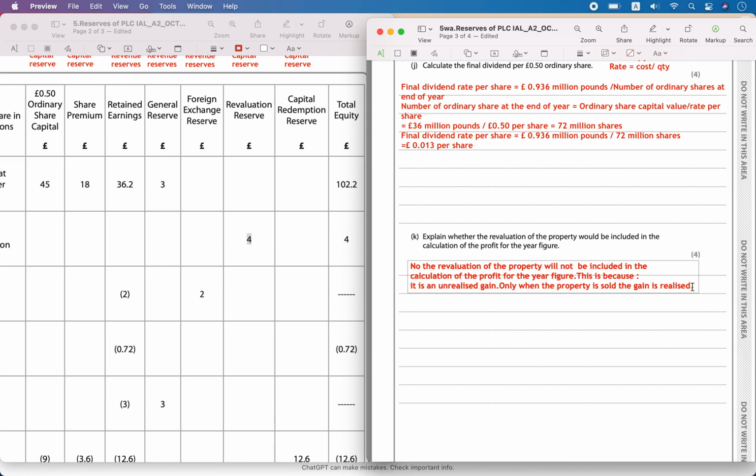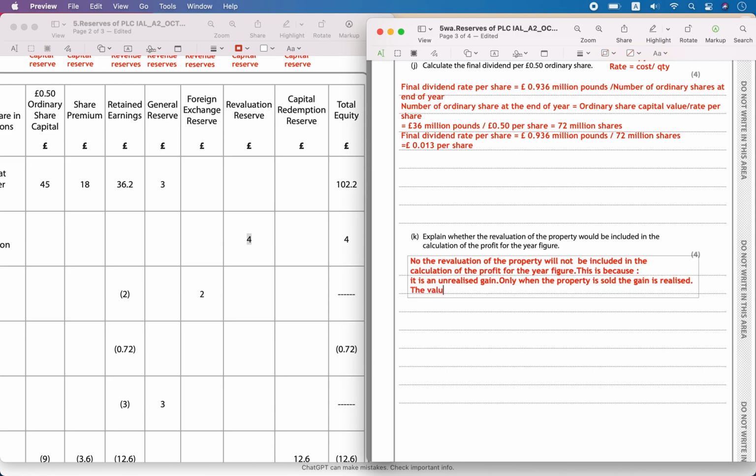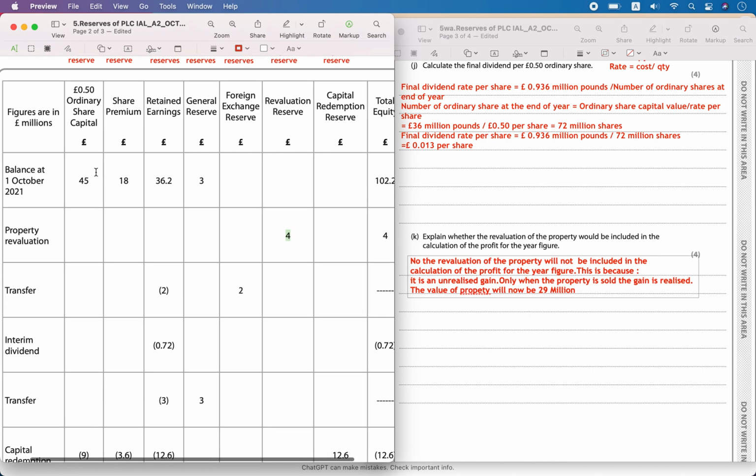And the value of the property will now be 29 million pounds due to the upward revaluation.